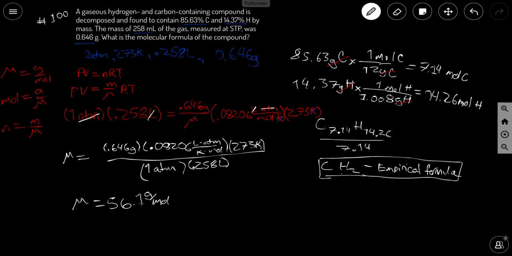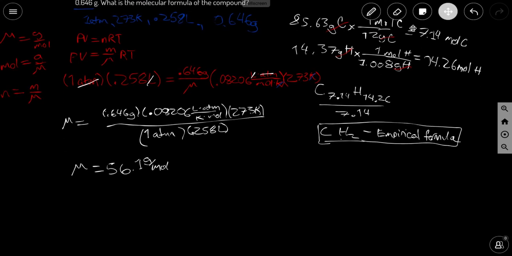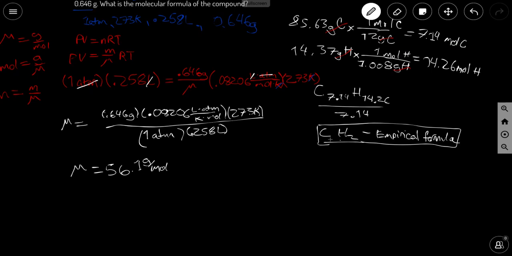So with this number, we can go ahead and find the molar mass of the empirical formula. If the empirical formula is just CH2, if you add 12 plus 2 together, that will give you 14.